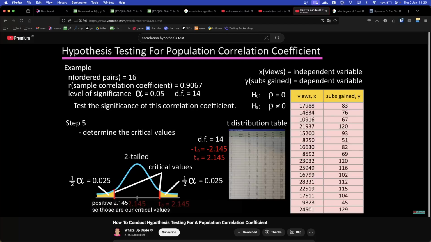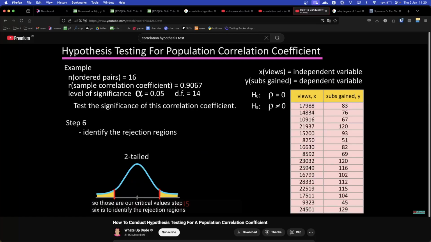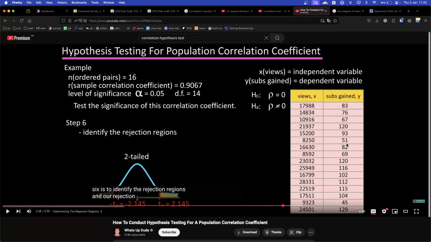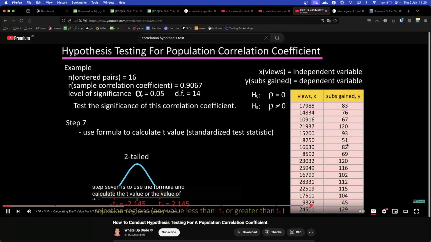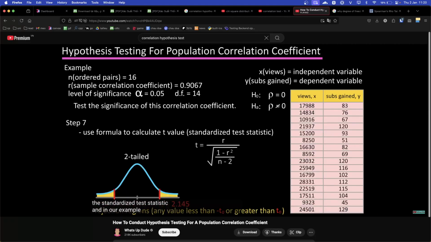So those are our critical values. Step 6 is to identify the rejection region. Our rejection regions is any standardized test statistic value that falls in the shaded area, or the value of the standardized test statistic. And in our example, we have t.